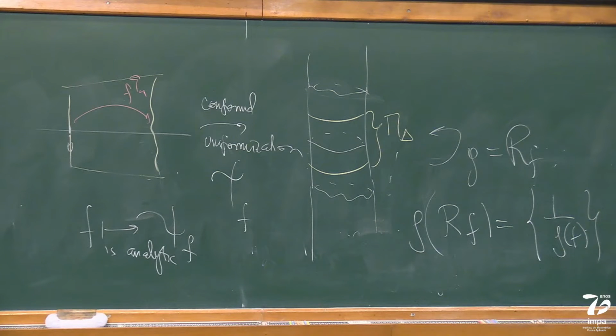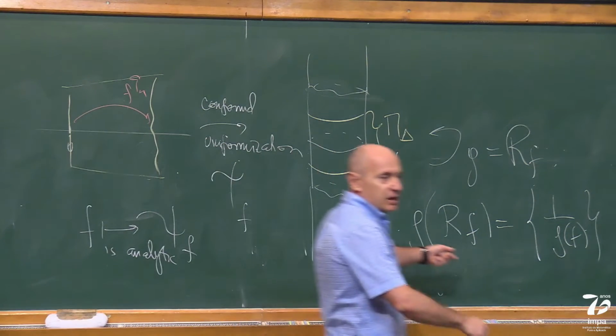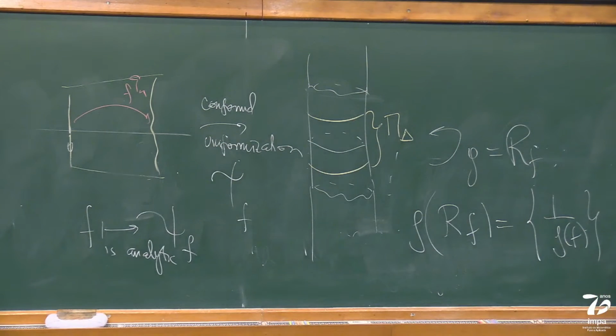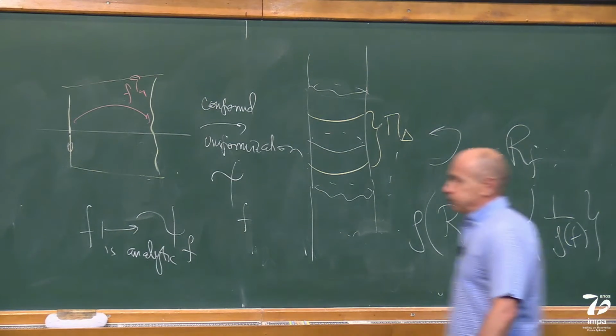What's that? Well, you could get a higher iterate of a Gauss map, the kth iterate. But with this construction, you always get an iterate of a Gauss map.